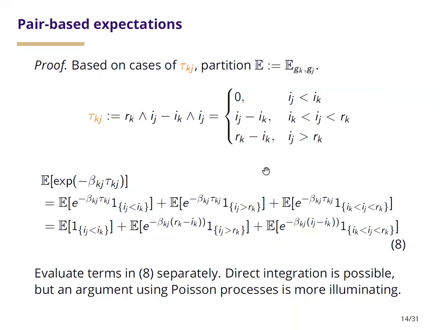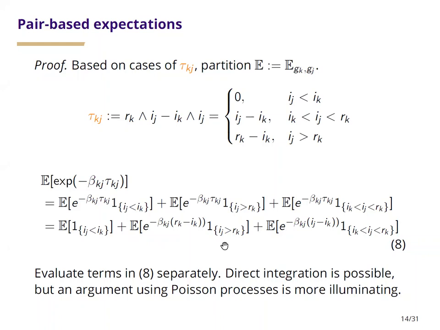And you can essentially draw a number line and identify what these 3 cases are. And so we can partition according to these cases, which is what we're doing here in 8. We partition such that we have the sum of 3 expected values. So we can evaluate these terms in formula 8 separately.